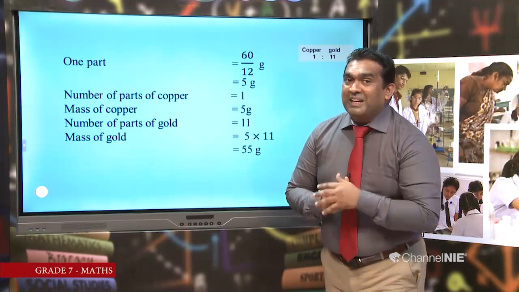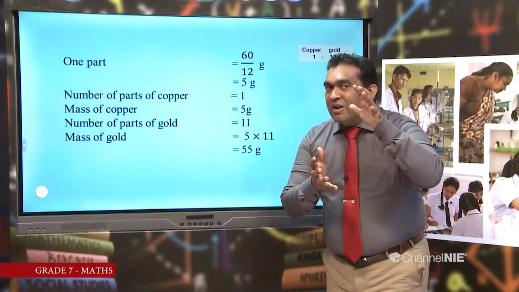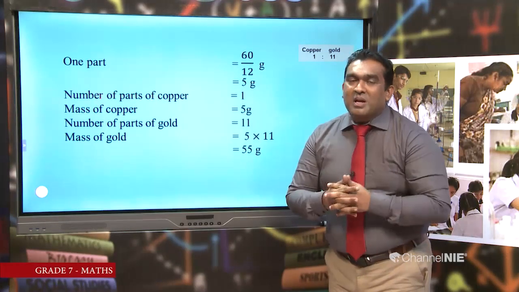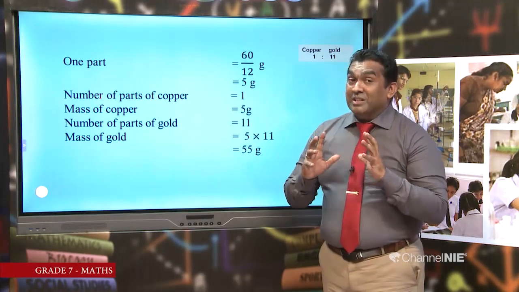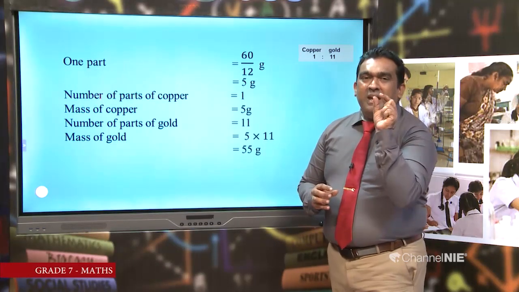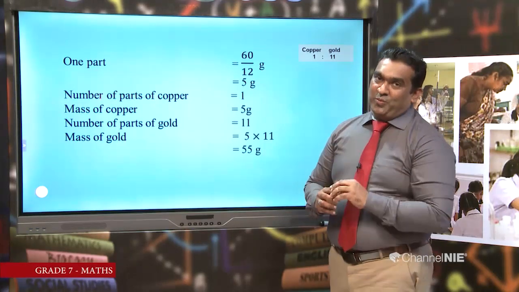Then what to do? The given amount should be divided by the total number of parts. That is the main concept in dividing in a ratio.